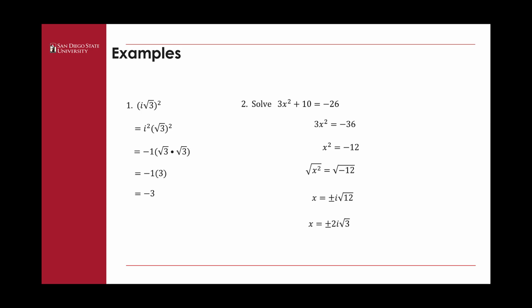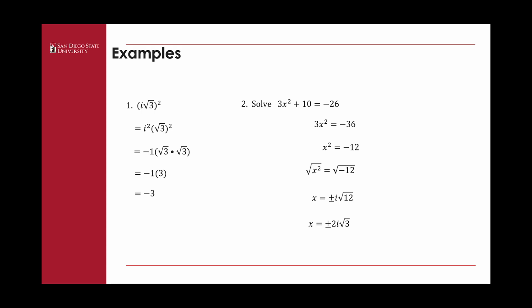From here we can divide both sides by 3, and we will get x squared equals minus 12, and we can take the square root of both sides, which will yield the square root of x squared equals the square root of minus 12. Here we get the i. x equals plus or minus i square root 12.